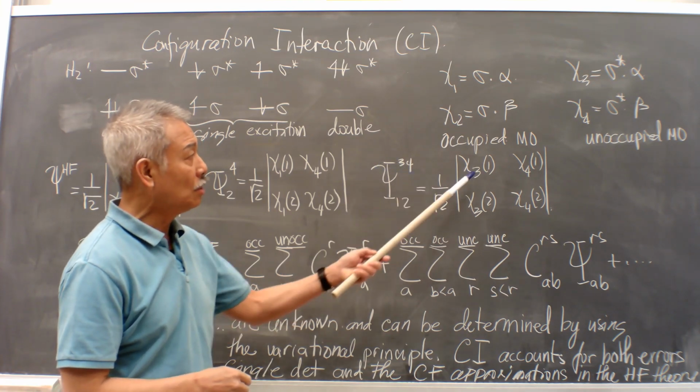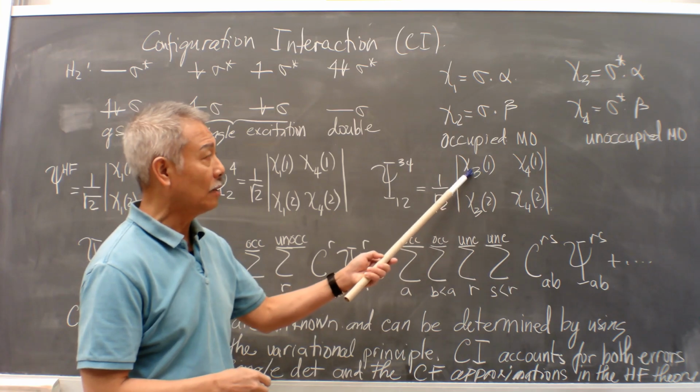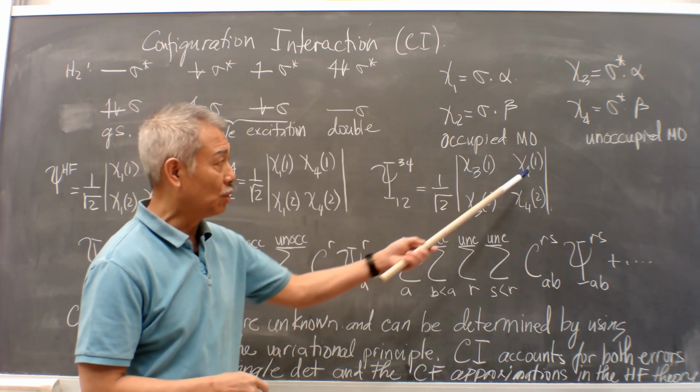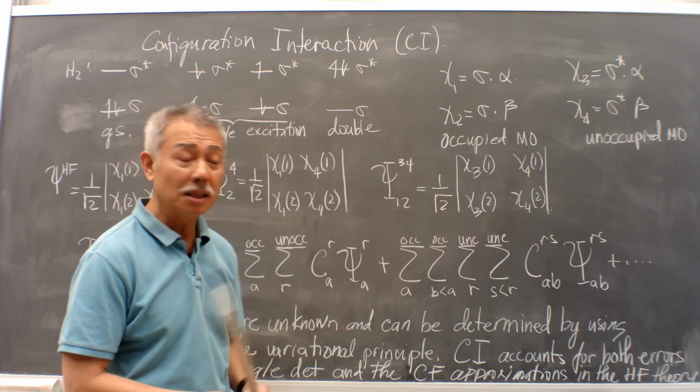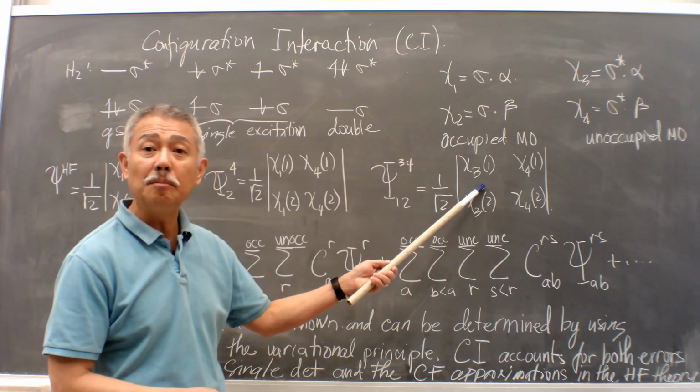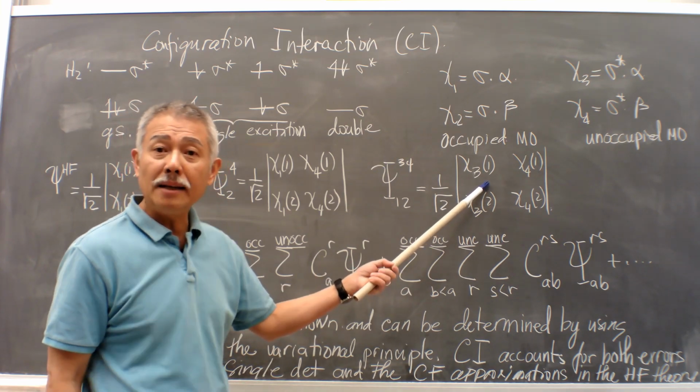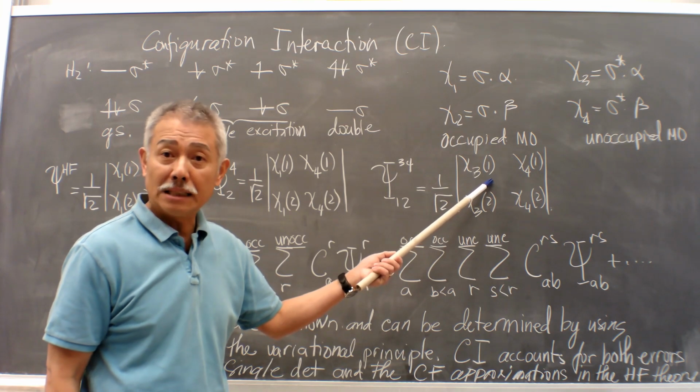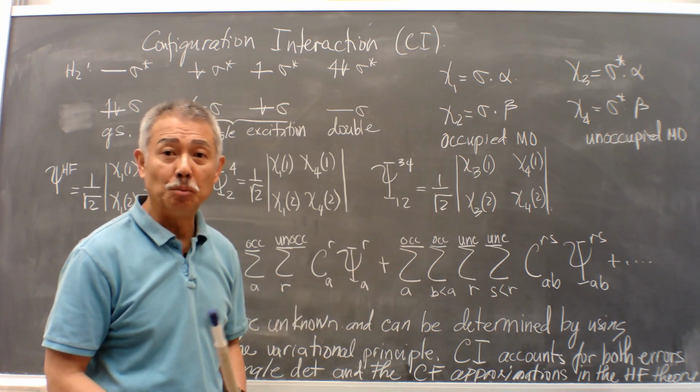So all I need to do is replace chi1 and chi2 by chi3 and chi4 in the Slater determinant. This Slater determinant represents the double excitation in the H2 molecule.